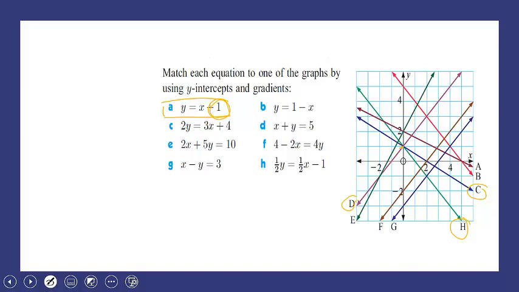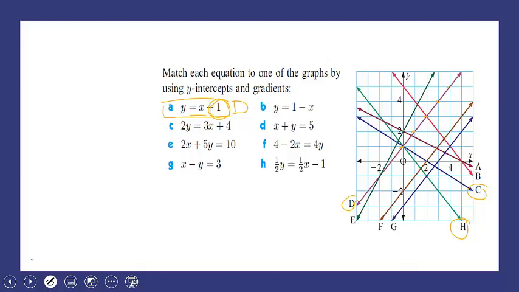So my answer is going to be either H, C, or D. Now I look at the gradient to decide which of the three it is. My gradient is plus 1, which means it's 1 up, 1 to the right. So I'm starting at plus 1, and I go 1 up, 1 to the right, and that is D. That is how I answer this question.